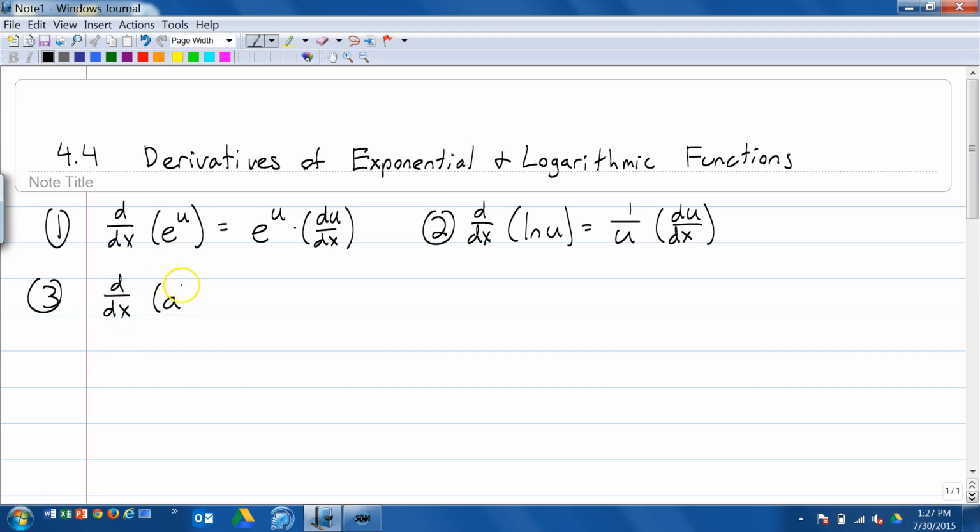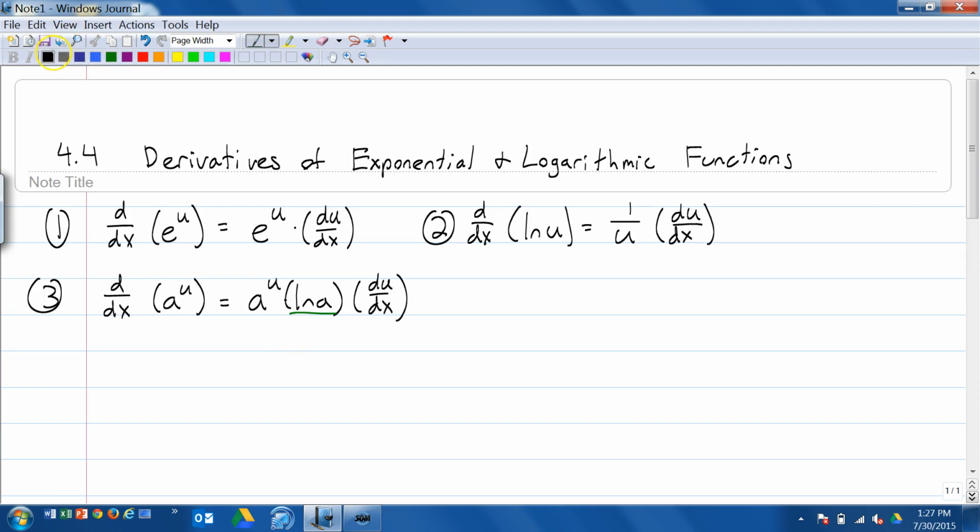So if we have a to the u, it's itself times the natural log of a times the derivative of u with respect to x. So that's the added piece, is just when it's base a you need a natural log of a.